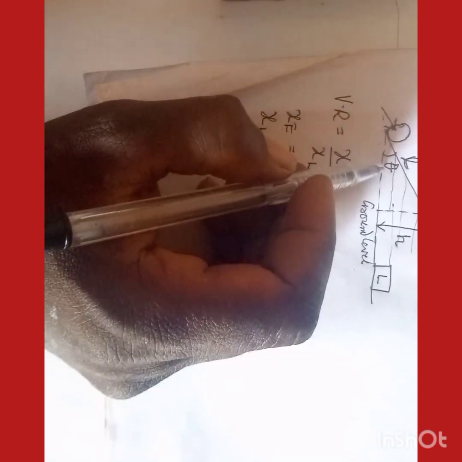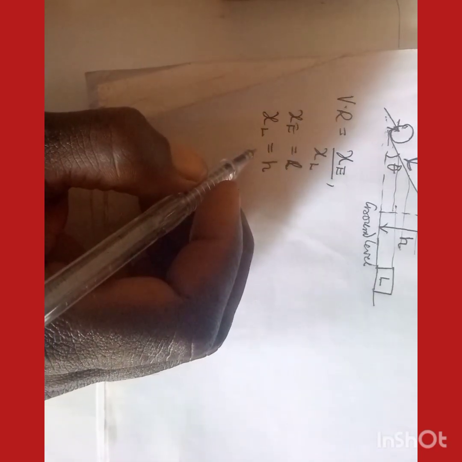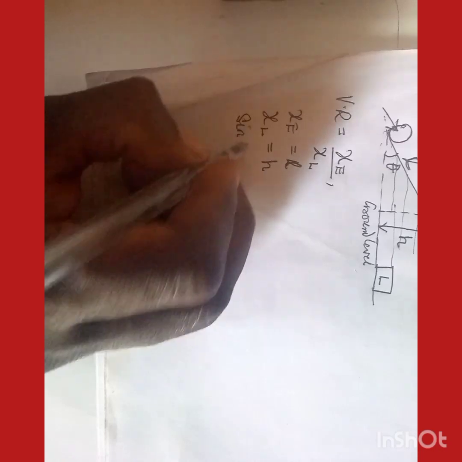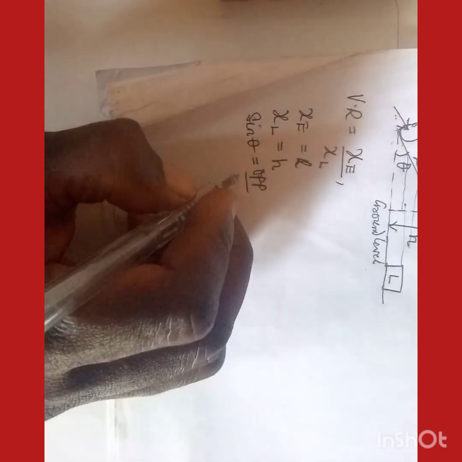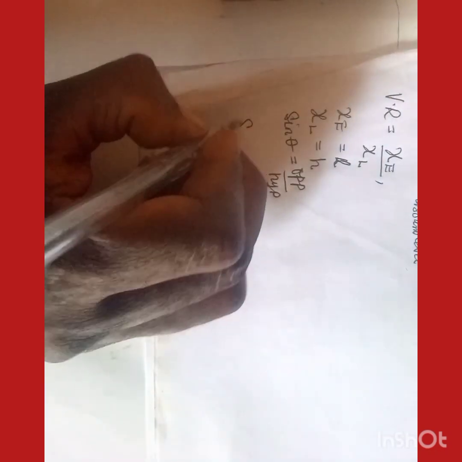So let's take the sine ratio of theta. In our basic geometry, or trigonometry rather, sine theta is equal to opposite over hypotenuse. So sine theta: the opposite of this angle is this, which is h.